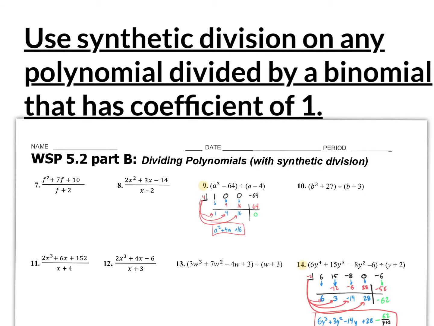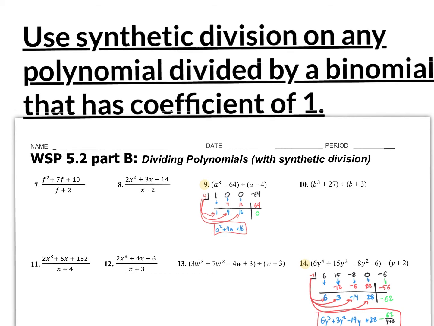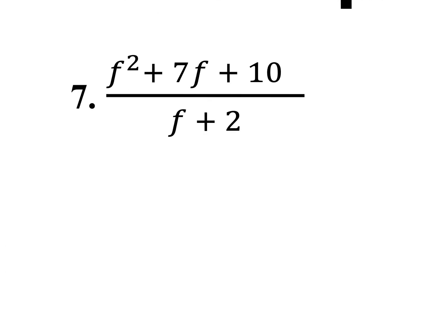this part of the homework, we're definitely going to use synthetic division. When do we use synthetic division? On any polynomial divided by a binomial that has a coefficient of 1 in the front. Okay? So what do I mean by that? If you have a polynomial divided by what number's in front?